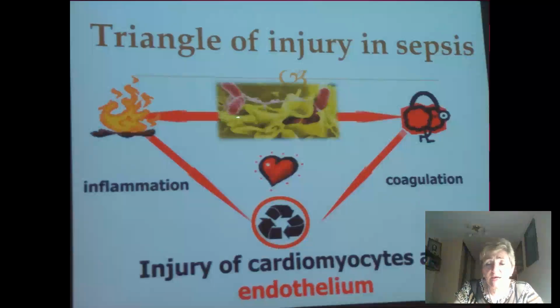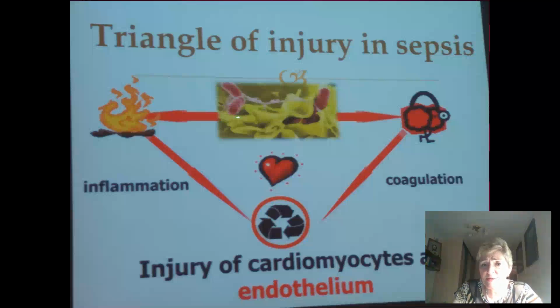Next, very important information about coagulation disorder in patients with neonatal sepsis.